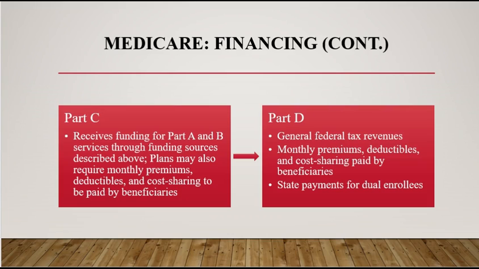All right, now to the next slide. Now, Part C is known as the Medicare Advantage. And in reality, it's really not a new benefit program because it does not add specifically defined new services. It merely provides some additional choices of health plans with the objectives of channeling a greater number of beneficiaries into managed care.